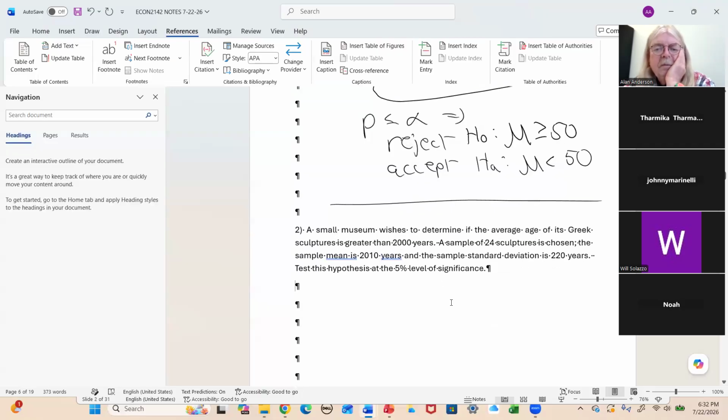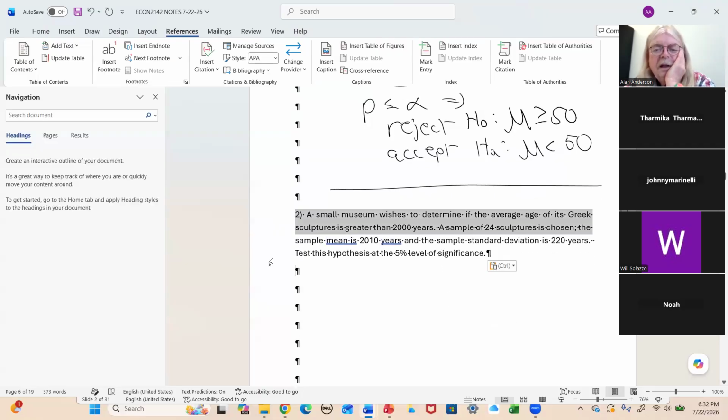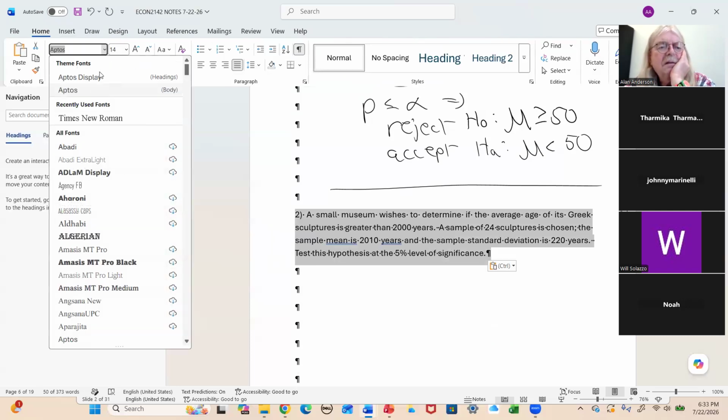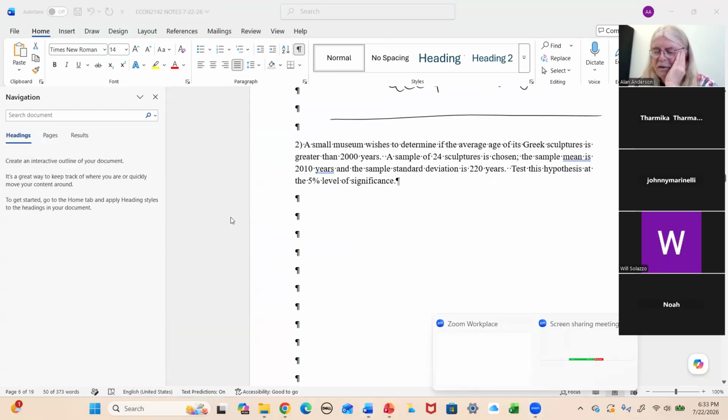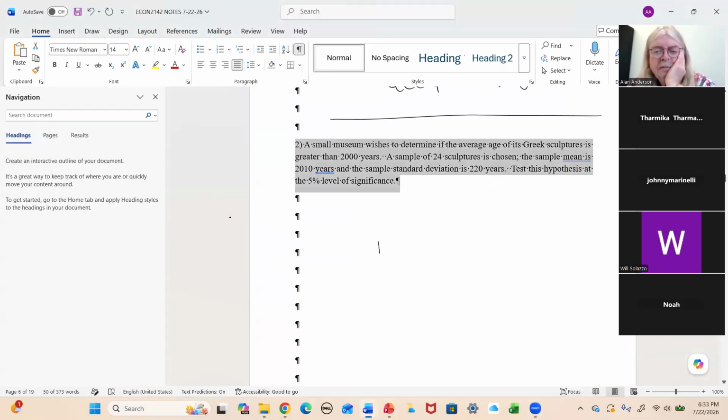A small museum wishes to determine, I don't know why it keeps changing the font, if the average age of its Greek sculptures is greater than 2,000 years. That, of course, belongs in the alternative hypothesis, that the mean is less than or equal to 2,000 for the null.